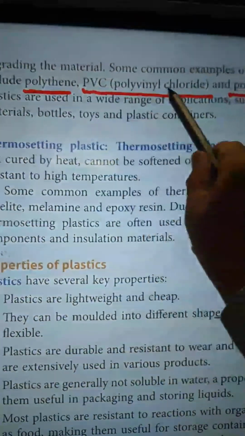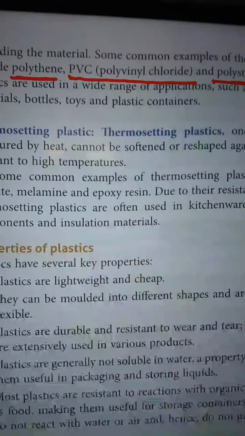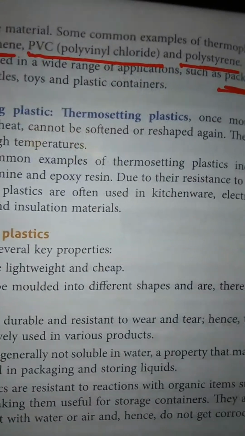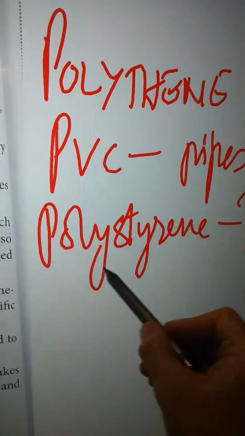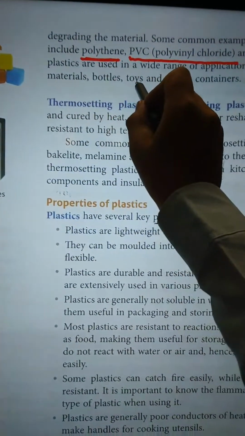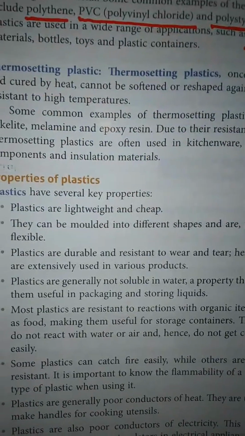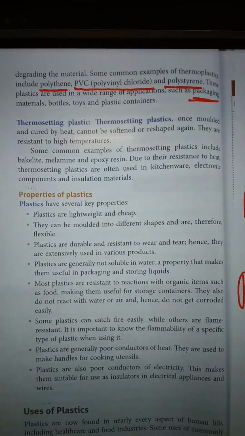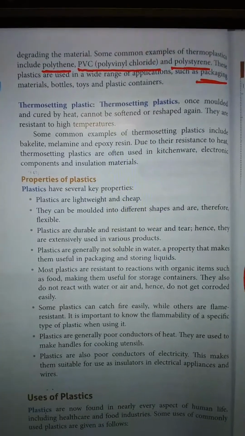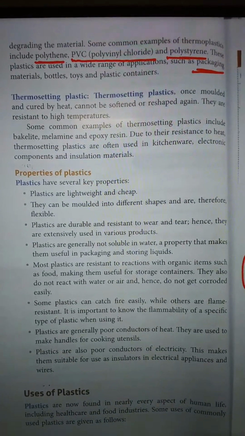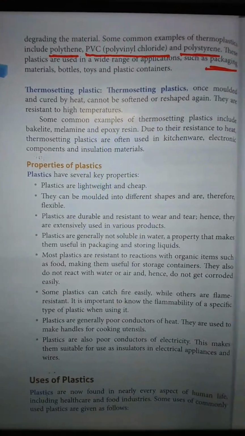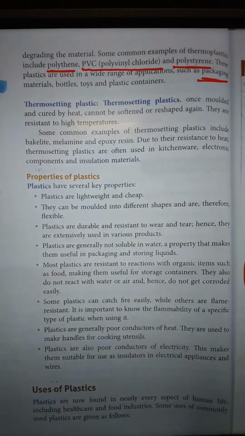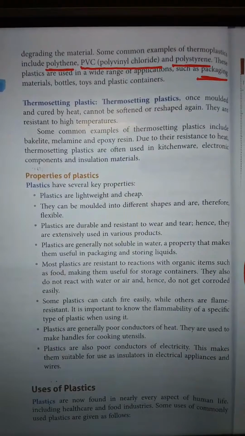These are used in applications like packaging, and to make bottles, toys, and plastic containers. The question is, why do you think plastic is used commonly, and why do you think plastic should not be used? Both of them are interrelated. So PVC and polystyrene are the common plastics.